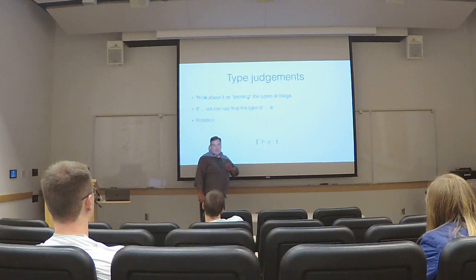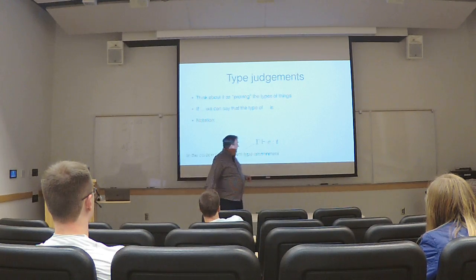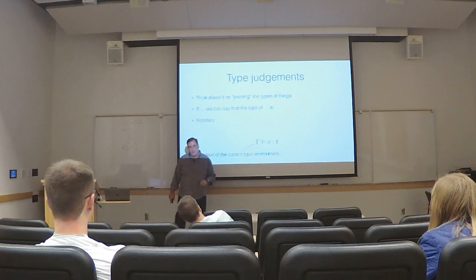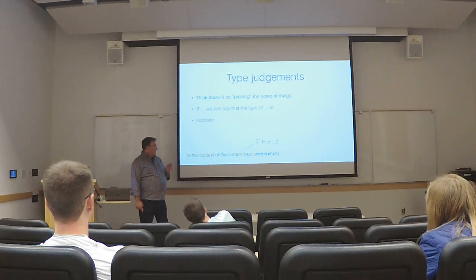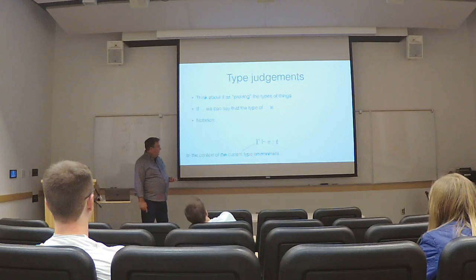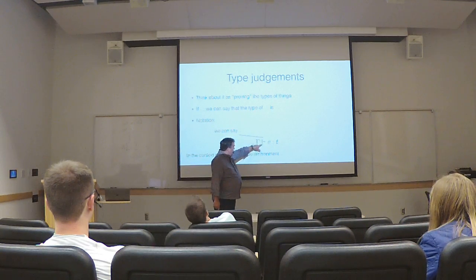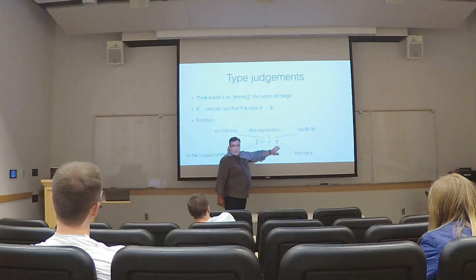The way to read this is as follows. In the context of the current type environment, so we're going to denote the type environment with a capital letter gamma. In the context of the current type environment, this sort of funny sideways T here, and it should be read as, we can say that this expression results in this type. Okay.